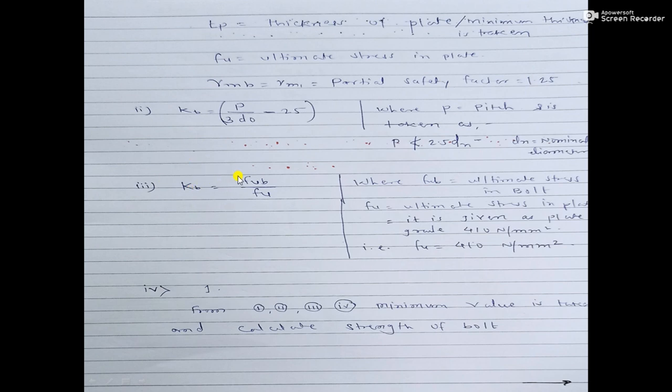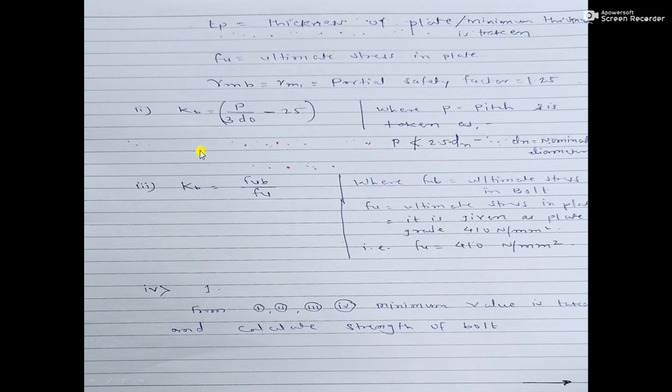Then the third value is FUB upon FU. FUB is the ultimate stress in the bolt, taken from the grade of the bolt, and FU is the ultimate stress in the plate. In the problem, the plate grade is given as 410 Newton per square mm, so you have to consider the FU value as 410. This ratio is taken as Kb, and the fourth value is 1.